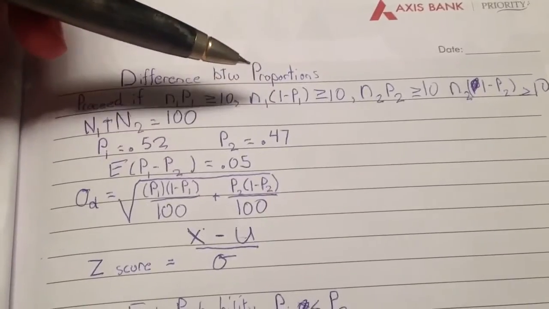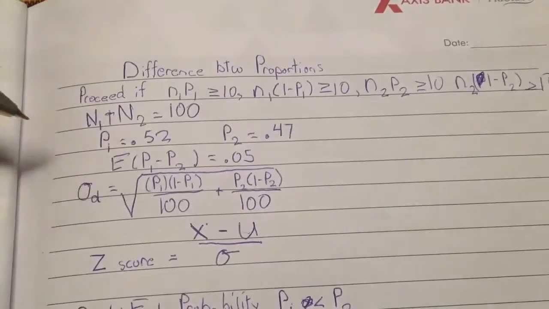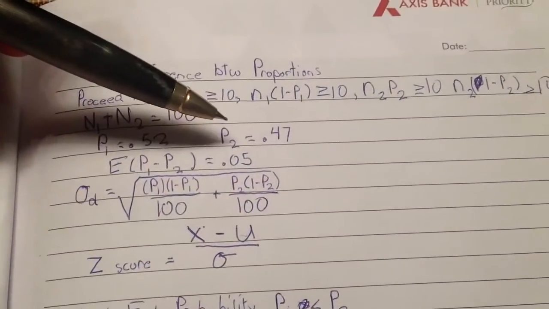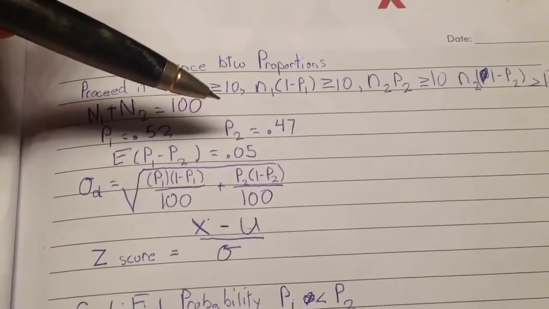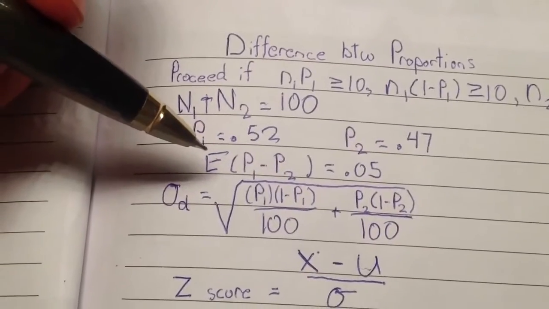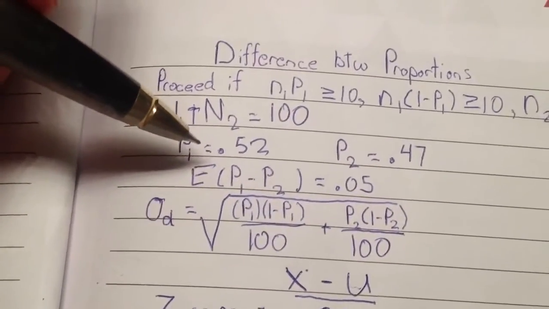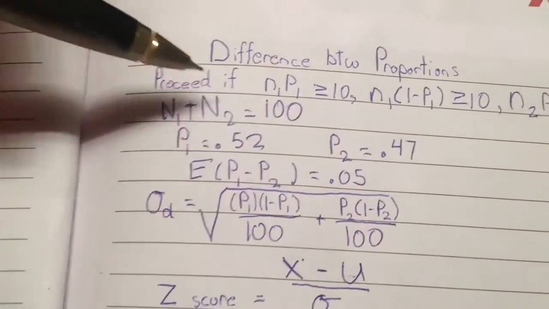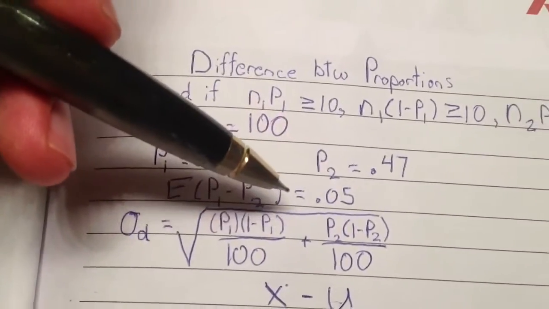In our case, P1 is equal to 0.52 and P2 is equal to 0.47, so they pass the test. Our next step is to find the mean of the difference in sample proportions, which is P1 minus P2, which equals 0.05.